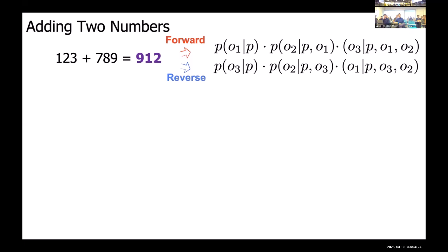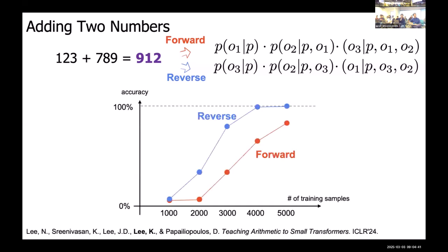In other words, you can decompose the output generation in whatever order you want. Certain orders will be much easier to learn, and certain orders much more difficult. In this example, reverse order is much easier to predict. In fact, this is one experiment we ran when working on this paper with Dimitri and our students, Nayeon, Kartik, and Jason.